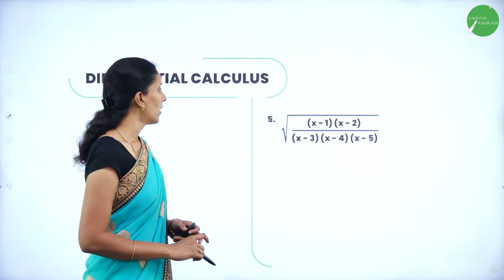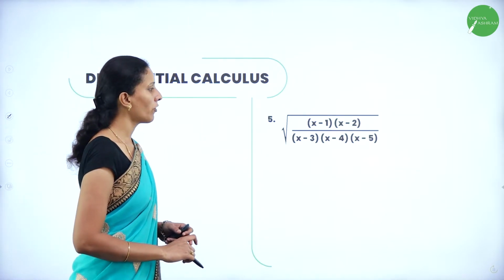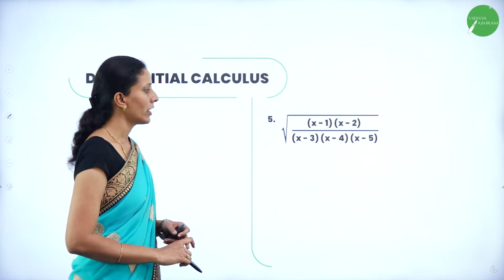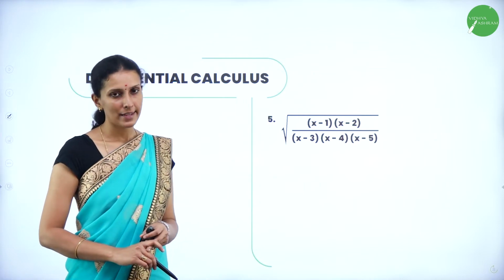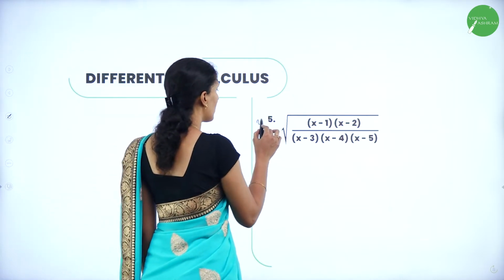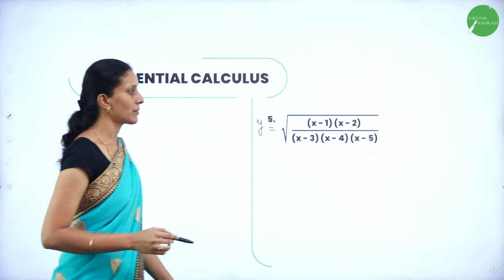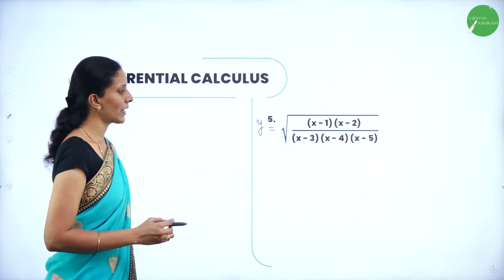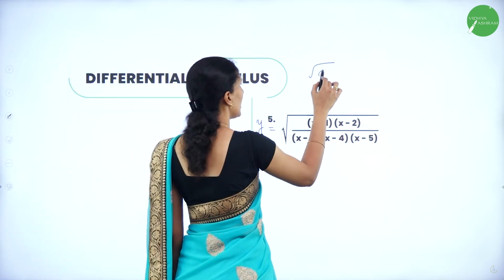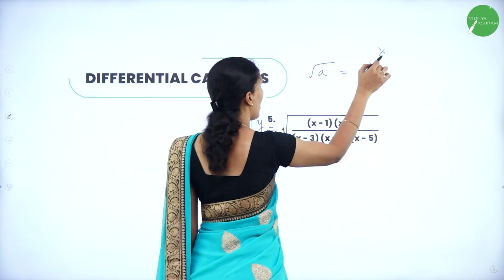Next we have y is equal to square root of (x minus 1)(x minus 2)(x minus 3)(x minus 4)(x minus 5). So now let me take y is equal to square root of (x minus 1)(x minus 2) over (x minus 3)(x minus 4)(x minus 5). We know that root a is nothing but a to the power half.